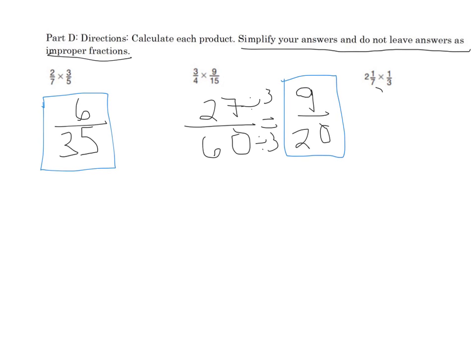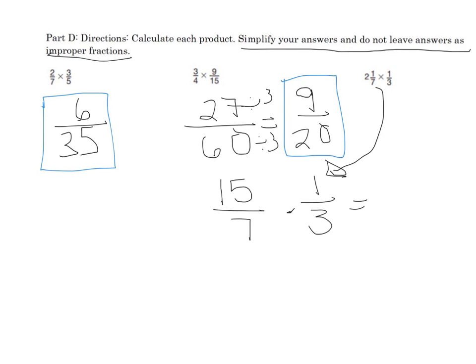Okay, the last one I'm actually going to bring down here to work for more space. So when you are multiplying improper or mixed numbers, we need to change them to improper fractions. So 2 and 1/7 we would actually change to 2 times 7 would be 14, plus that 1 would be 15. So I have 15/7 times 1/3.